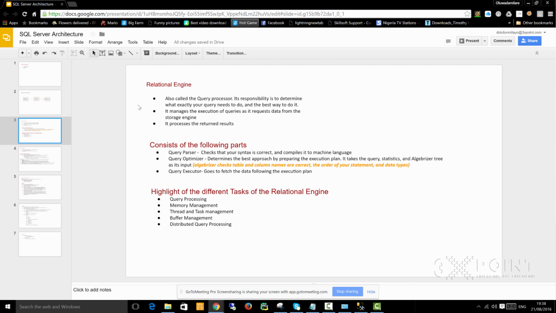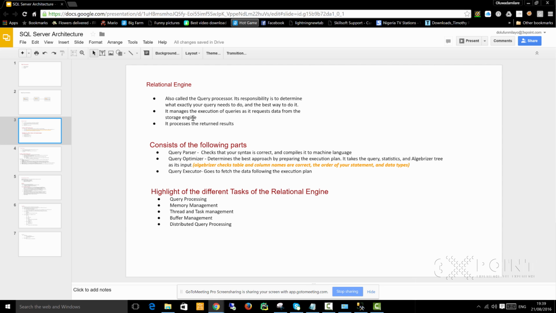So going to the meat of the whole thing, the first part of the architecture I want to talk about is the Relational Engine. So this is the main engine for SQL Server, and when we talk about the relational engine, there are a lot of components within it that make it the relational engine.